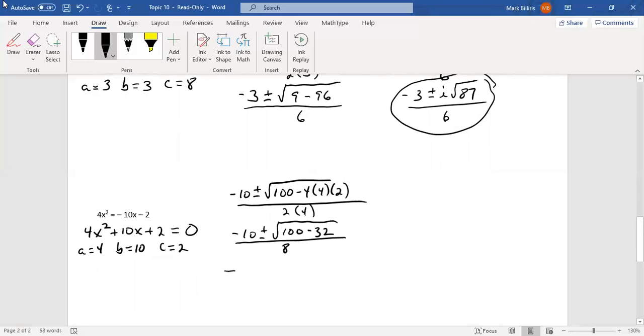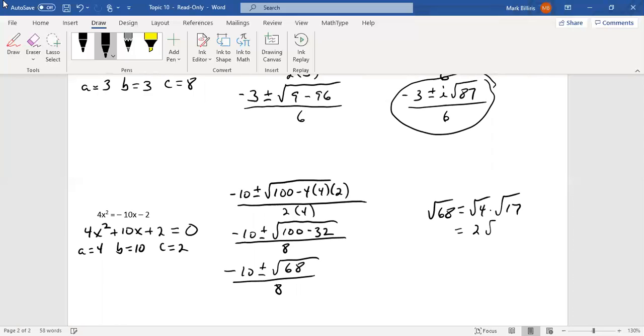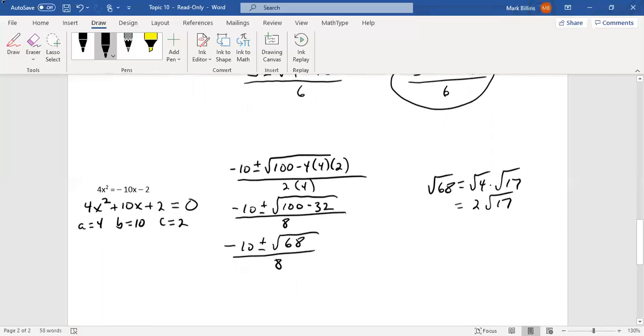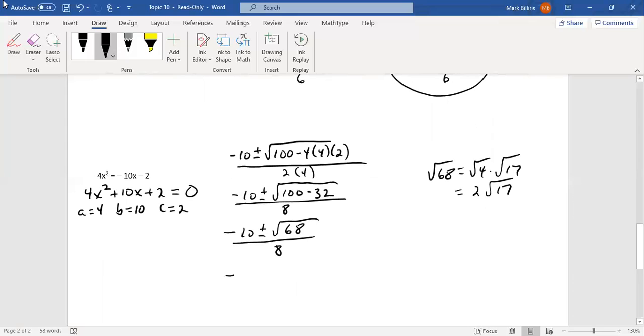So we have negative 10 plus or minus the square root of 68 over 8. The square root of 68 can break down. That would be the square root of 4 times the square root of 17, which would be 2 square root of 17. So now we would have negative 10 plus or minus 2 square root of 17 over 8.